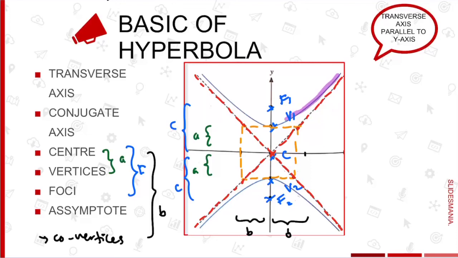You cannot touch the asymptote, but you can approach it. From the vertices, you can draw the other curve of your hyperbola, making sure it doesn't touch your asymptote but just approaches it. So now this is the basic graph of a hyperbola with the transverse axis parallel to the y-axis.